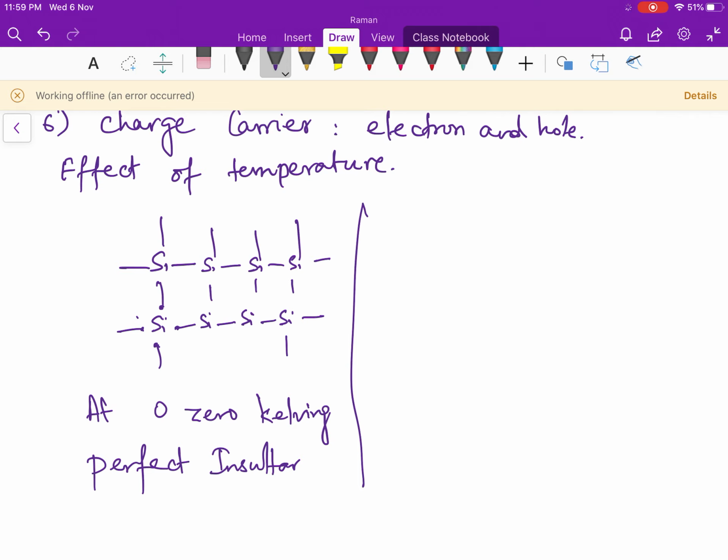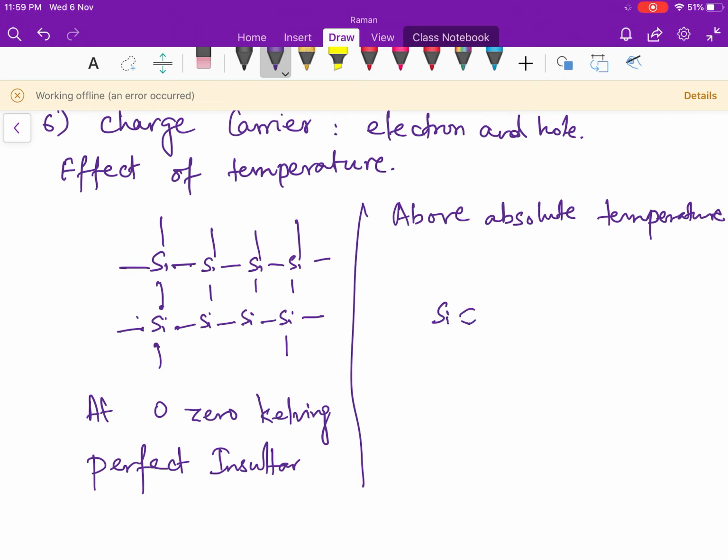Now, above 0 Kelvin or above absolute temperature, due to the thermal kinetic energy, some of the covalent bonds are broken. As some of the covalent bonds are broken, what happened? The 2 electrons are lying basically in the covalent bond.